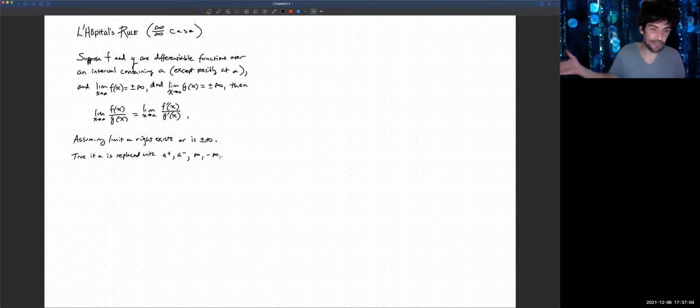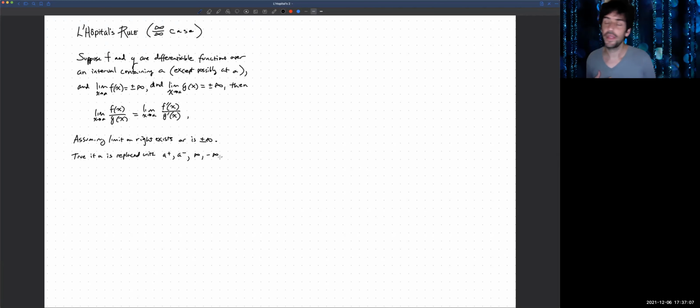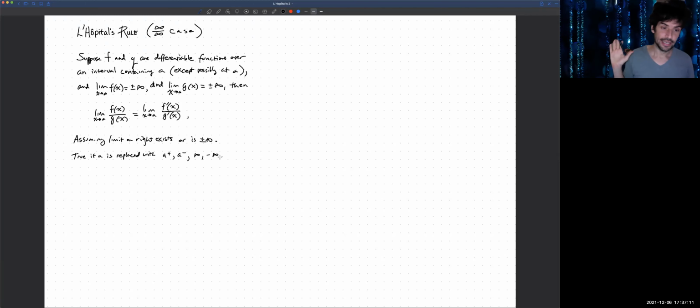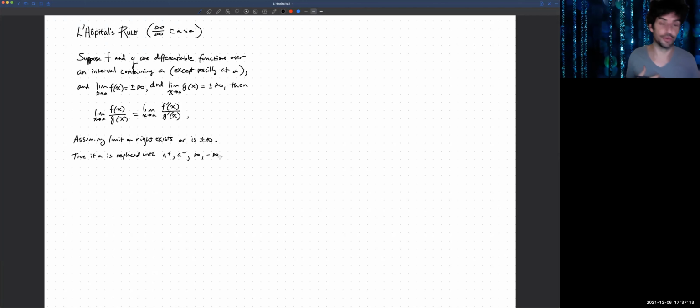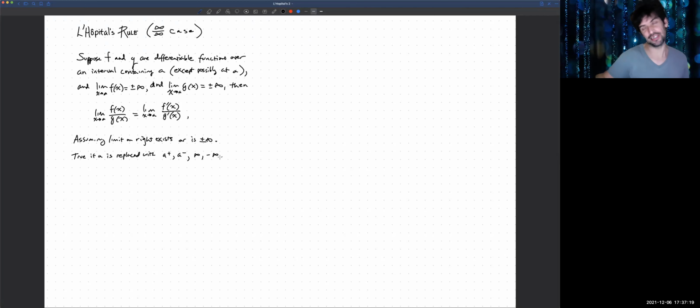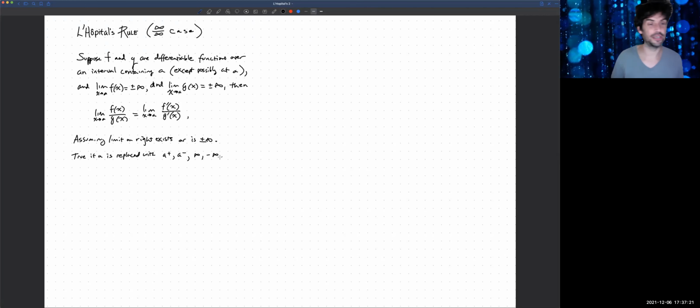So I'll just say for a minute a little bit of intuition. The idea here is that if both of these, f and g, are heading off towards infinity, let's say we pick a point to start watching them. So let's say this is an infinite limit, the limit as x goes to infinity of f over g.